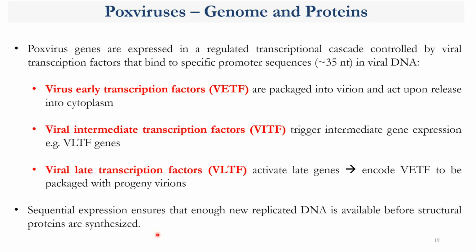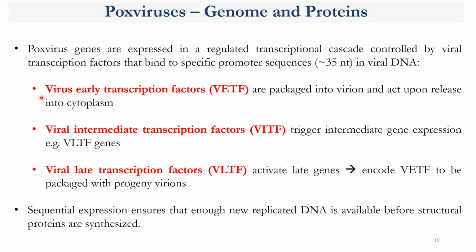Now, if we look at the genome itself and how the genes are expressed, what we see is that it's actually a transcriptional cascade that's controlled by the various viral transcription factors. Okay? These transcription factors bind to specific sequences in viral DNA, about 35 nucleotides.